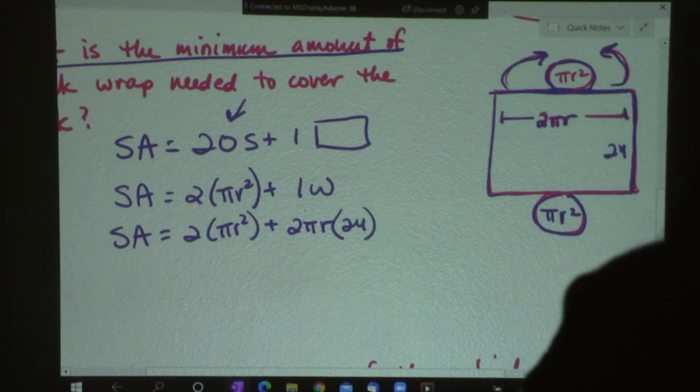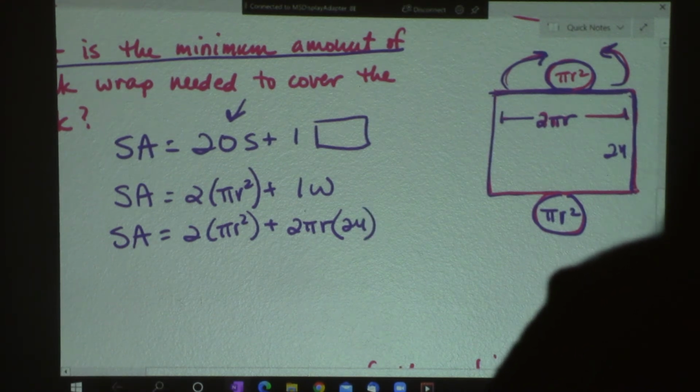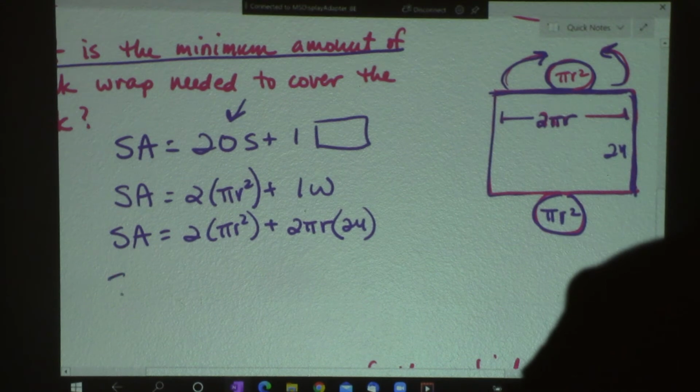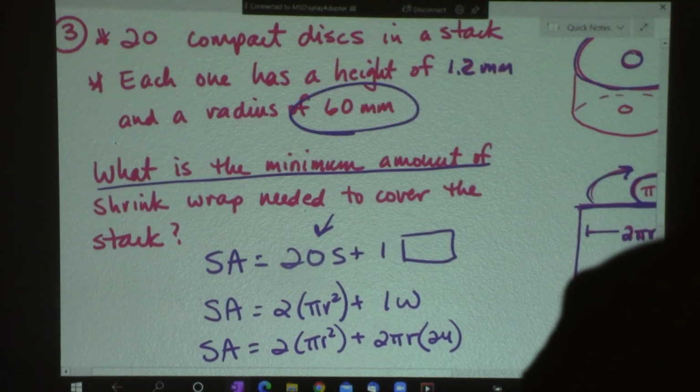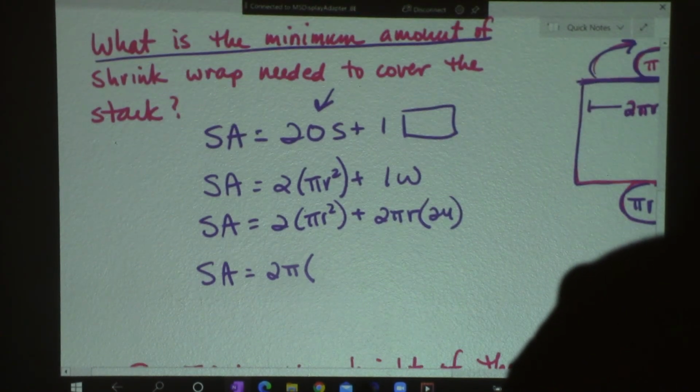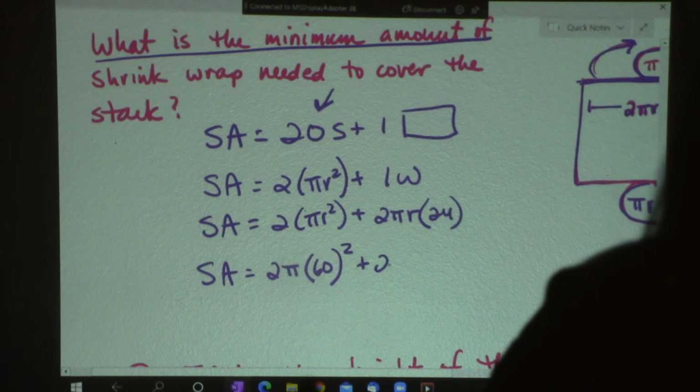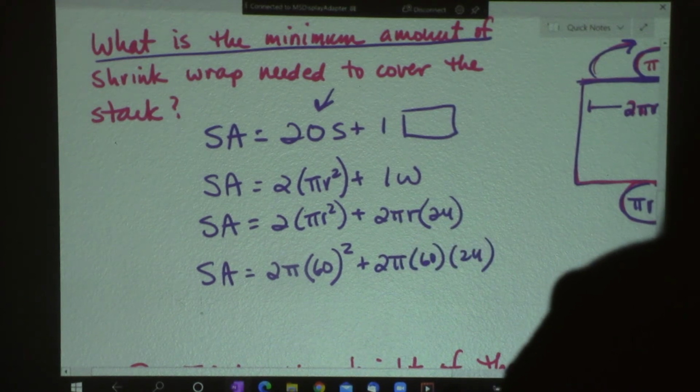I know that. So this one here times this one down here. Okay, so let's figure everything out. 2 pi, and then the radius squared. What was the radius? If I look up here, the radius is 60 millimeters. So I'm going to put 60 in here, and I'm going to square it. Plus 2 pi times 60 times 24.